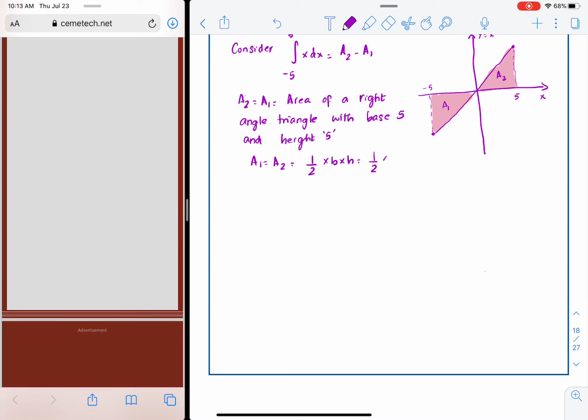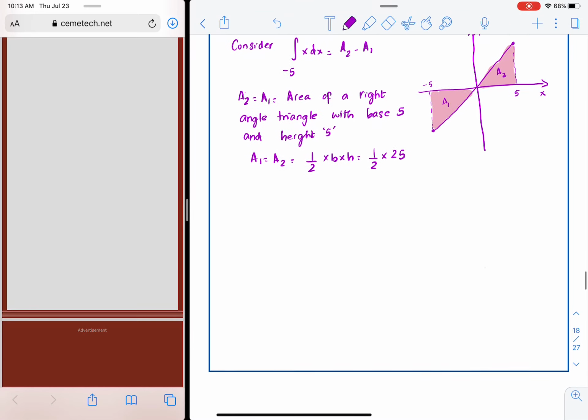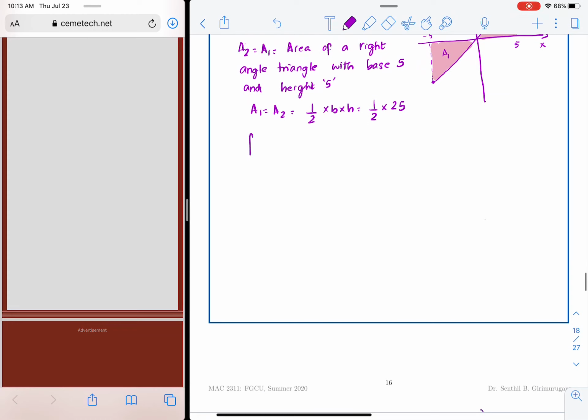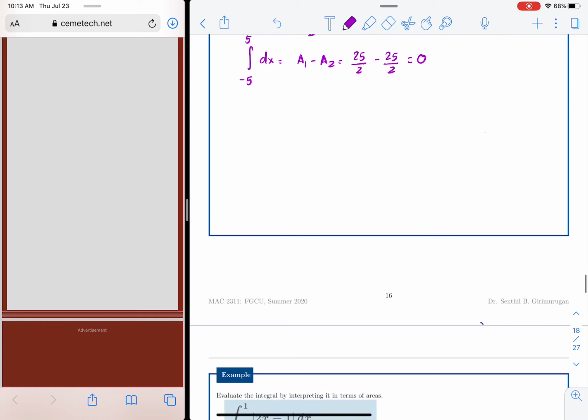So we have 1/2 times 5 times 5, which is 25 over 2. However, since the areas are the same, we have A1 minus A2, so 25 over 2 minus 25 over 2, we get 0.